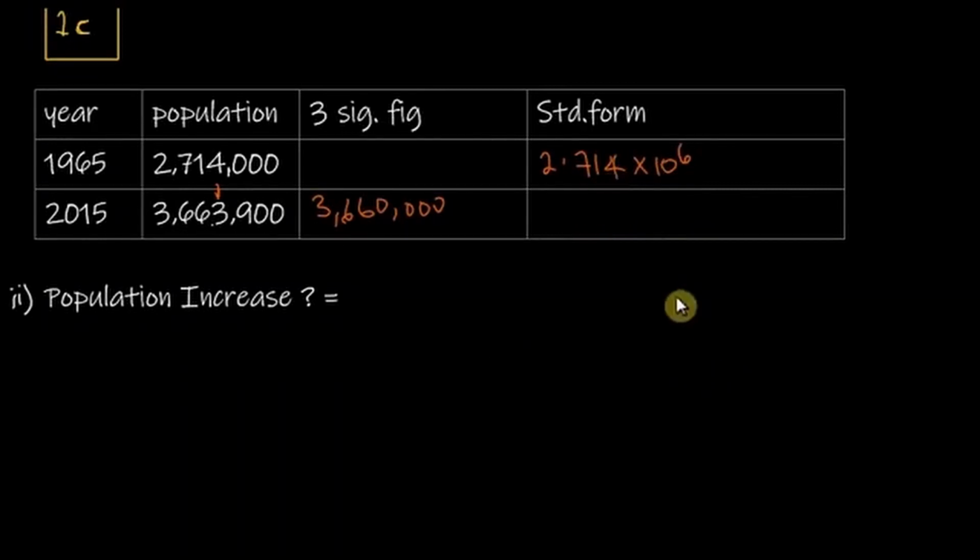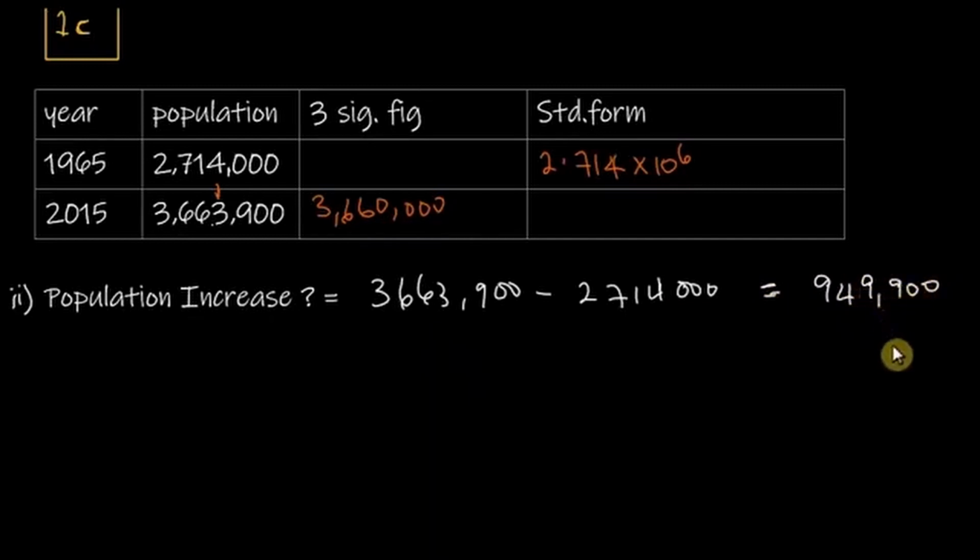Finally, we're asked for the population increase as a percentage. So let us first find the increase as a number. So that would be equal to 3,663,900 subtract 2,714,000, and the increase is 949,900.